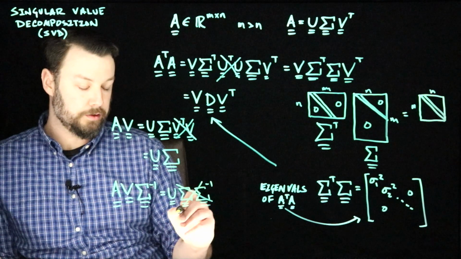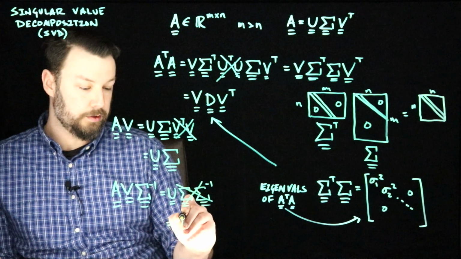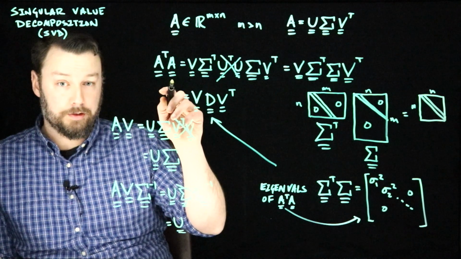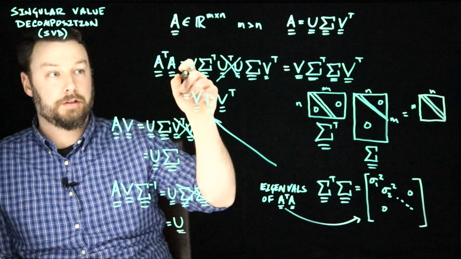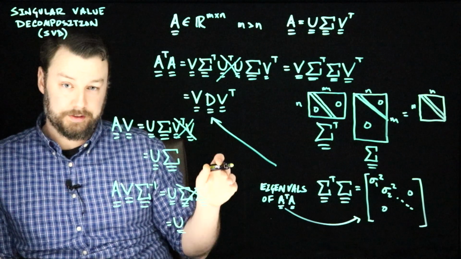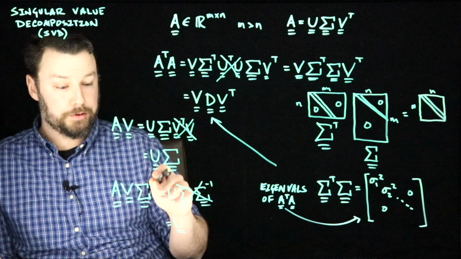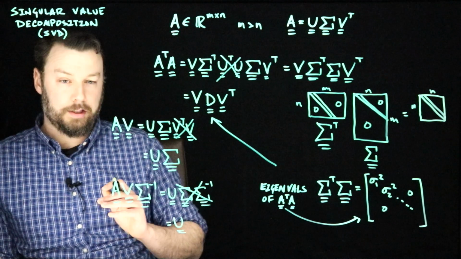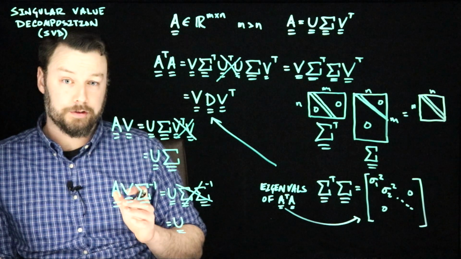These cancel to the identity, and we get U. To recap, we take the eigenvalue, eigenvector decomposition of A transpose A. That gives us the right singular vectors and the singular values. We then use those singular values and apply V and sigma inverse to A in order to compute the left singular vectors U.